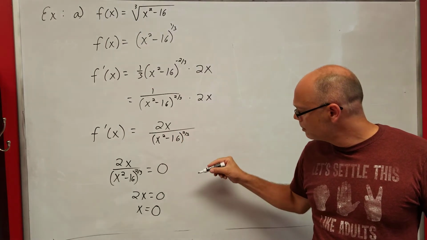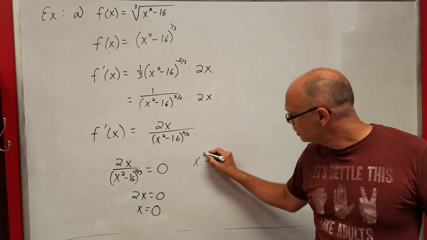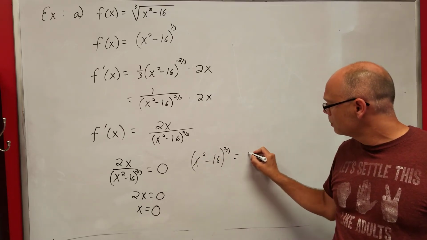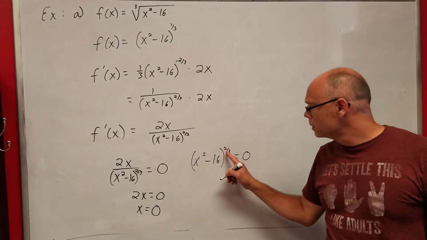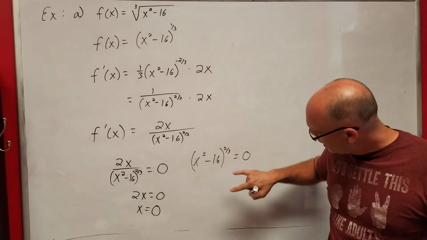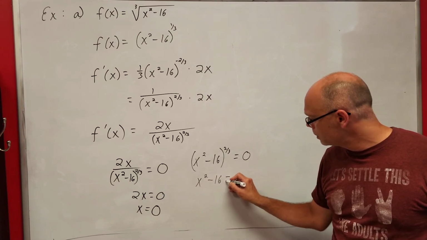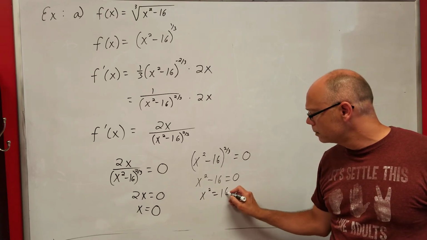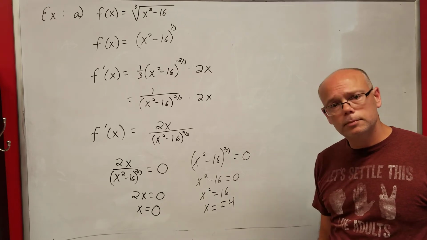So set this denominator, x squared minus 16 to the 2/3, equal to 0. Well, raise both sides to the 3/2 exponent, and you get x squared minus 16 is equal to 0, or x squared is equal to 16, and x is equal to plus or minus 4.